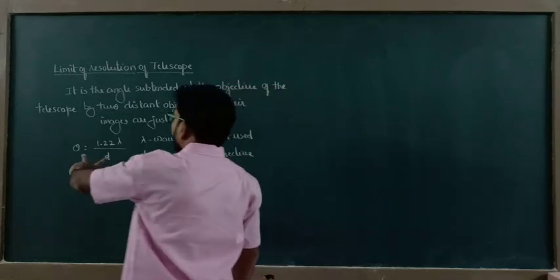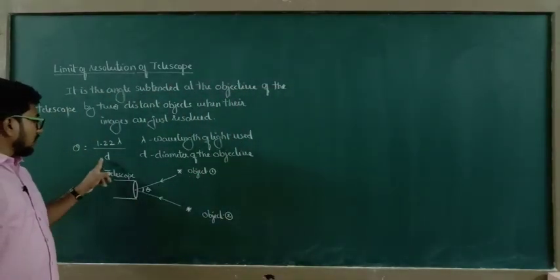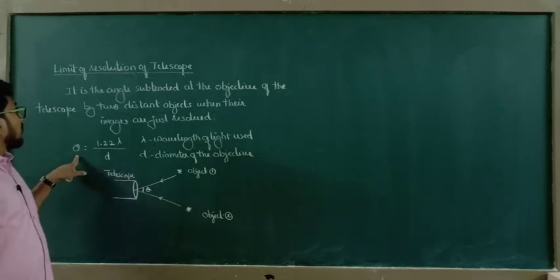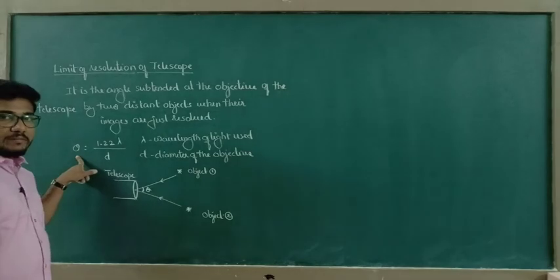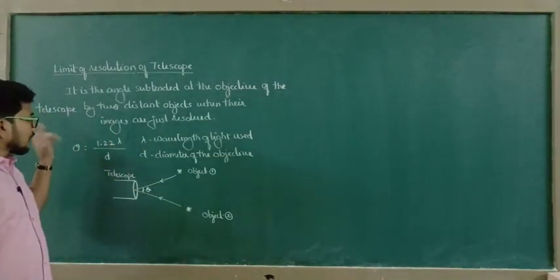What is the relation between limit of resolution and diameter? For a telescope with larger diameter, the limit of resolution is minimum. If lambda is maximum, the limit of resolution is also maximum.